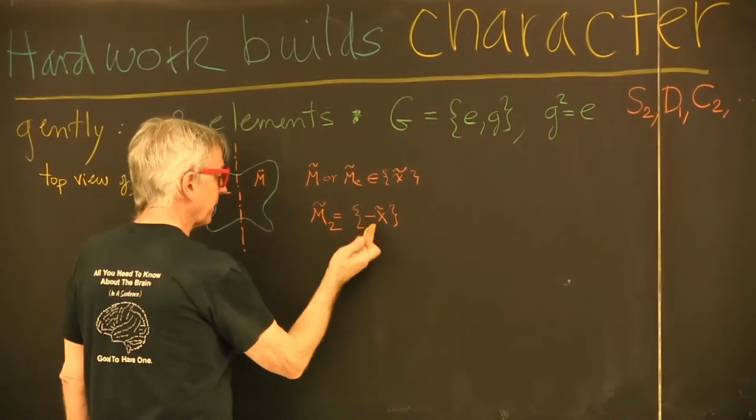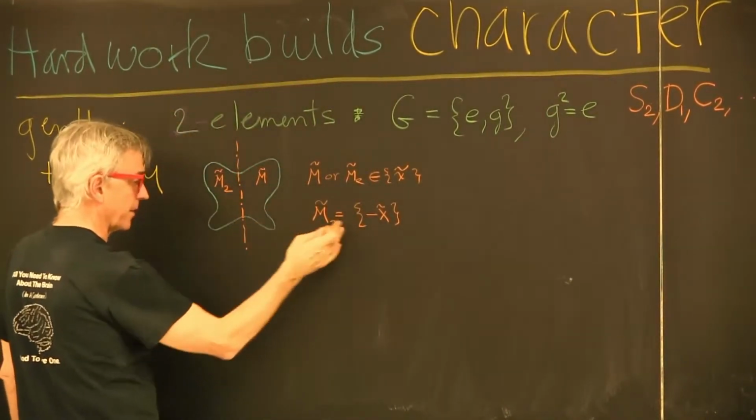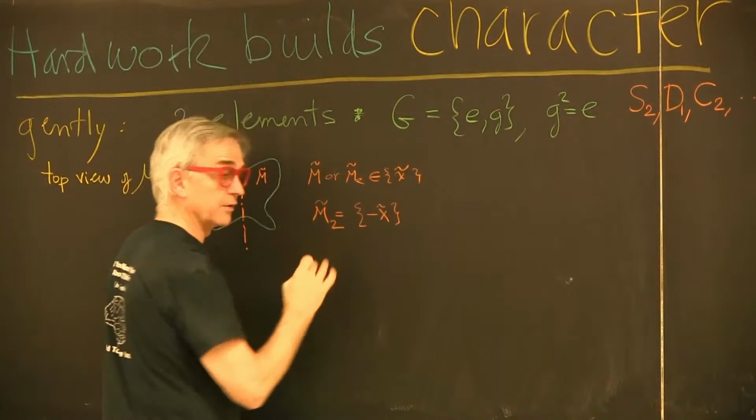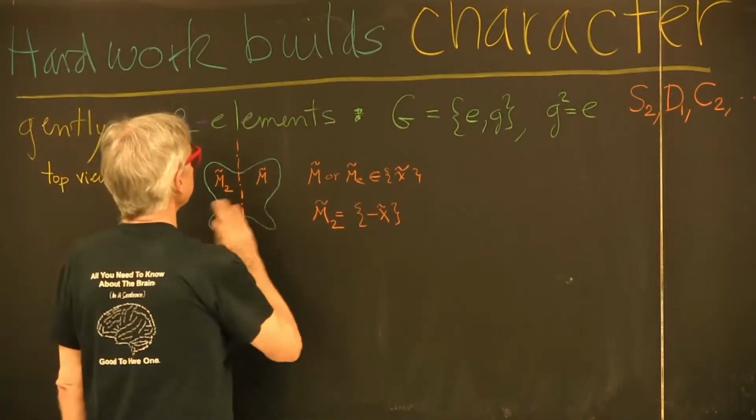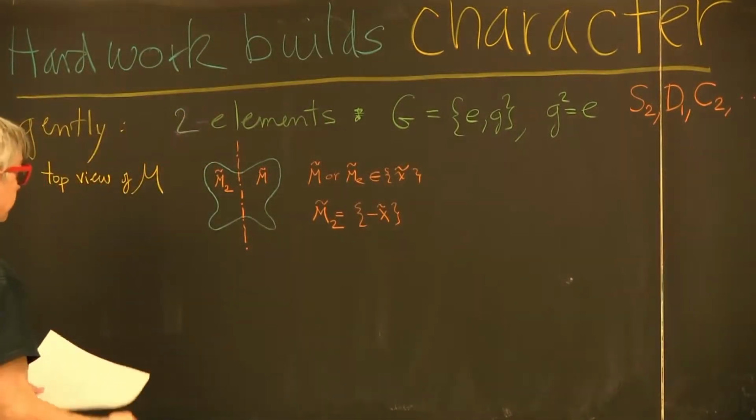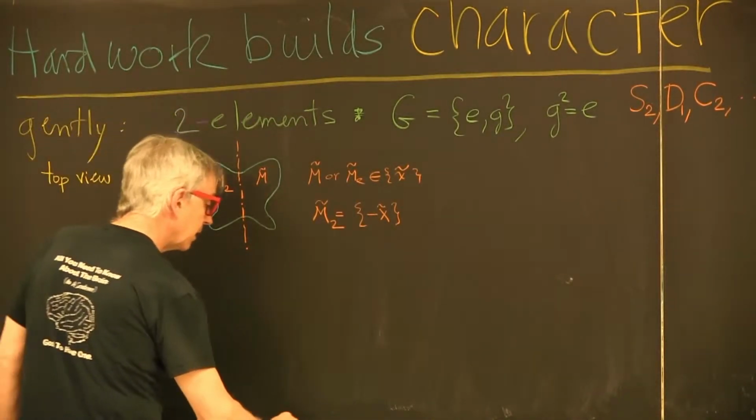And this is deceptively simple because in 500 dimensions, this operation is actually a non-trivial operation that flips some and not others, etc. But here we pretend we're in a plane. So that's a top view.